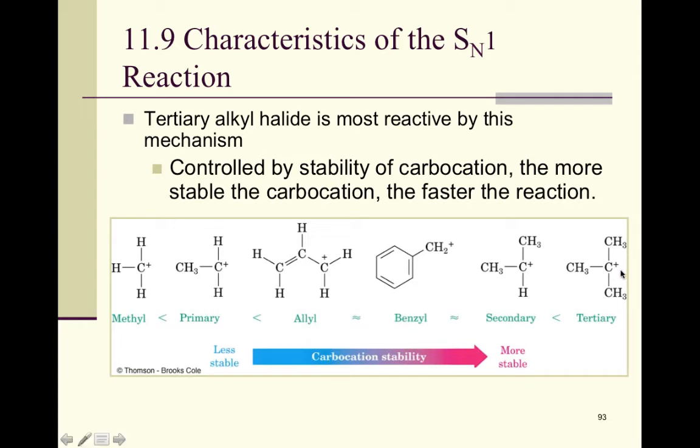The most stable carbocation is tertiary, then secondary, which is pretty much equal to benzyl, slightly less, which is pretty much equal to the allylic carbocation, and then the fewer R groups we have, primary, and then methyl. So in an SN1 reaction, tertiary carbocations formed are the best.